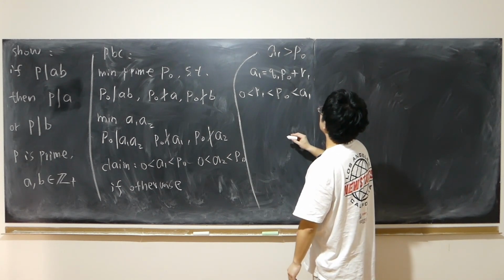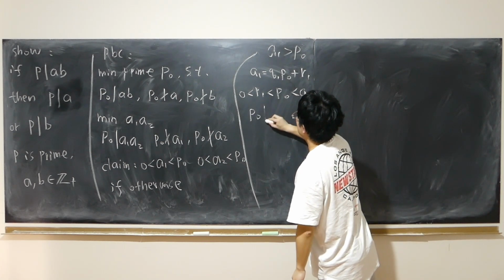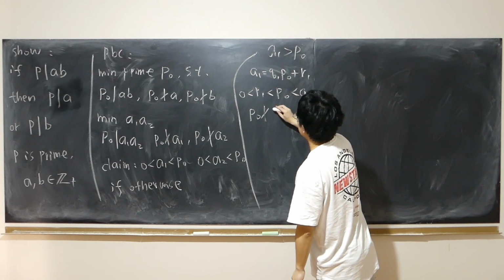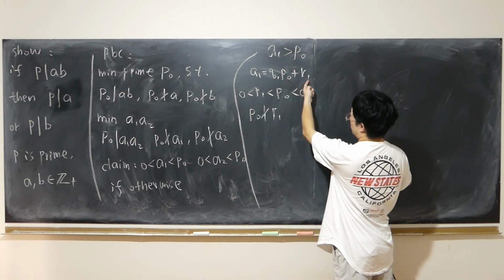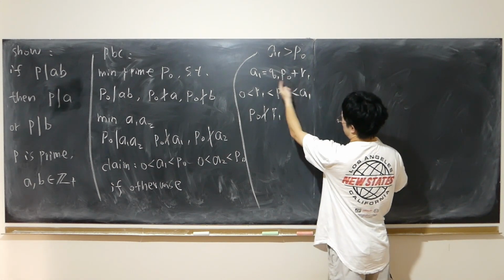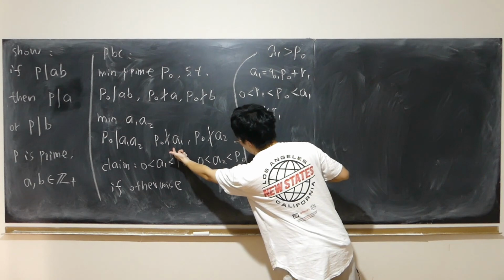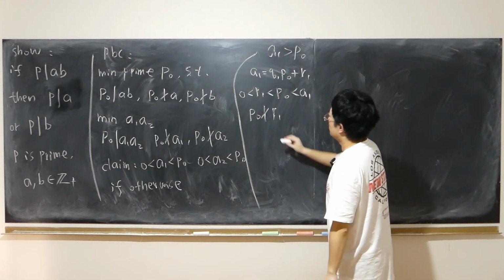I can also tell that P naught cannot divide R1. Why? Because if P naught divides R1, and P naught also divides this term, then P naught divides A1, which cannot happen. So this is automatically true.